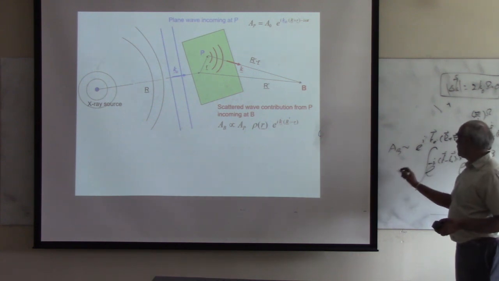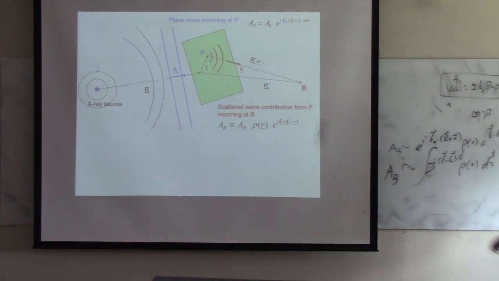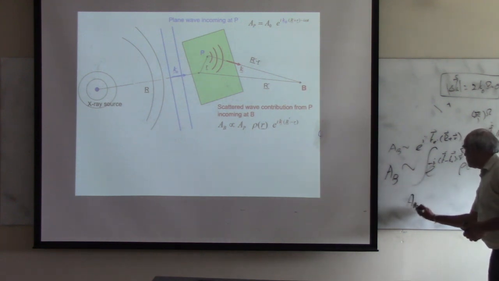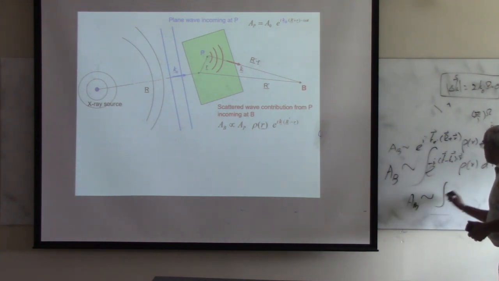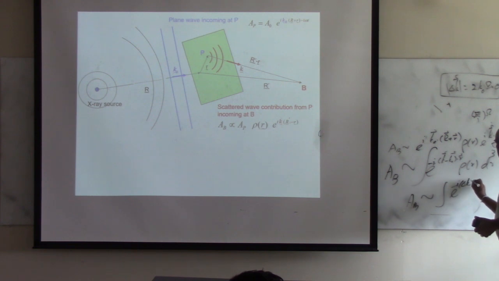So then AB at this point is proportional to the integral of e^(minus i delta K dot R) times rho(R) dq.